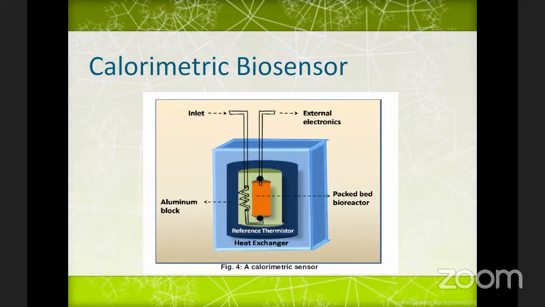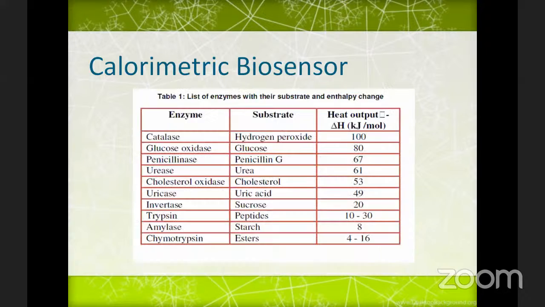Whereas this amount of energy that is evolved is also based on the type of biochemical reaction that is taking place, and it is specific to the particular substrate. We want to detect a particular enzyme, and it is specific to the particular substrate. For example, glucose oxidase, a combination of a glucose sensitive layer to be present on the substrate.